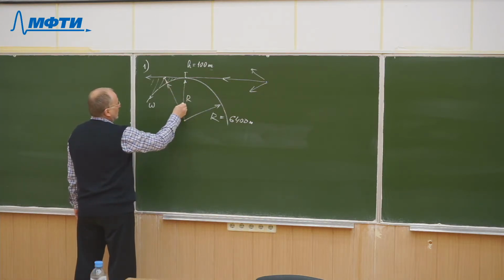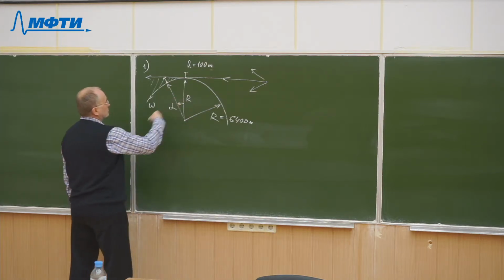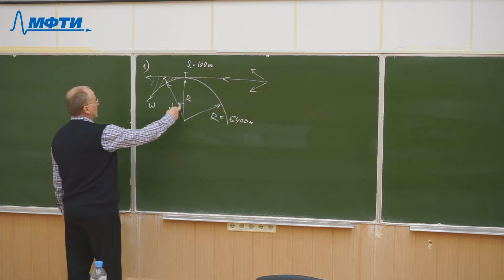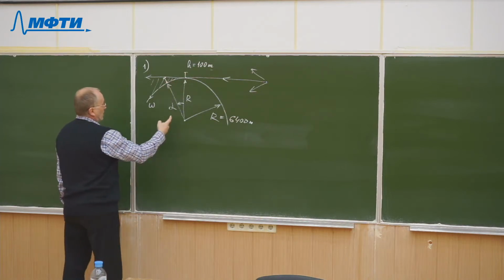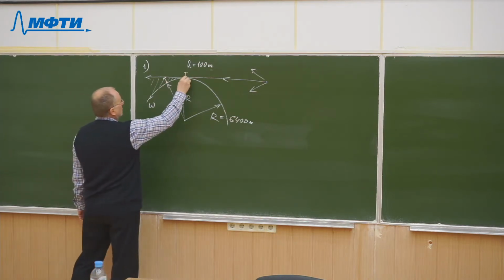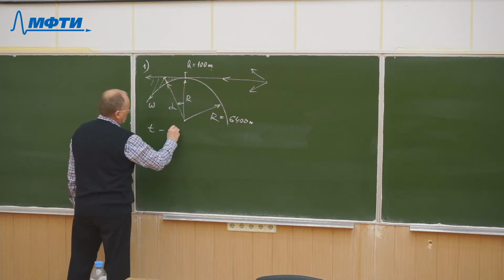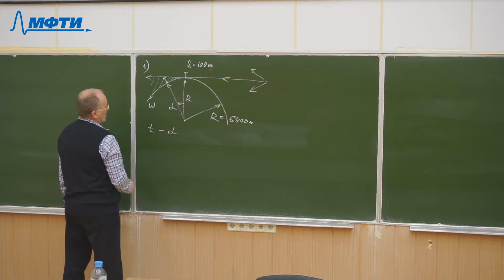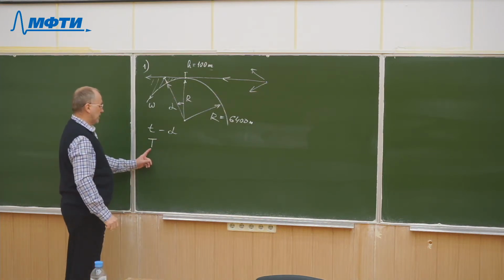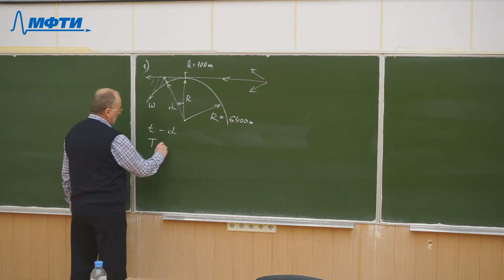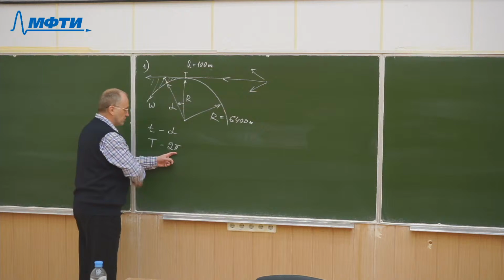So we need to calculate the time it takes the Earth to rotate through this angle alpha. If we know angle alpha, then we know the time necessary for this motion. So the time it takes the rock to move from this point to this point is proportional to angle alpha. And we know that 24 hours, the period of Earth's rotation, corresponds to 2 pi angle, that is the whole revolution of the Earth.